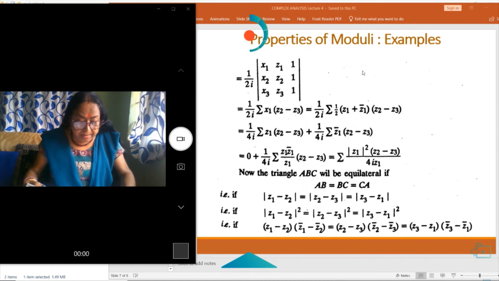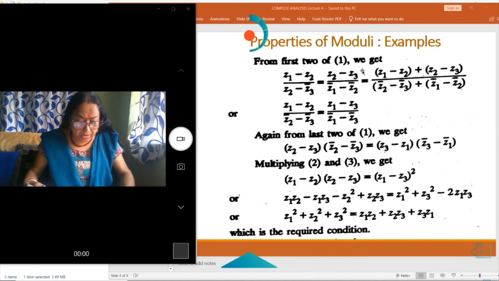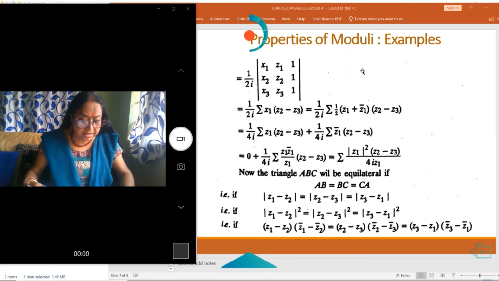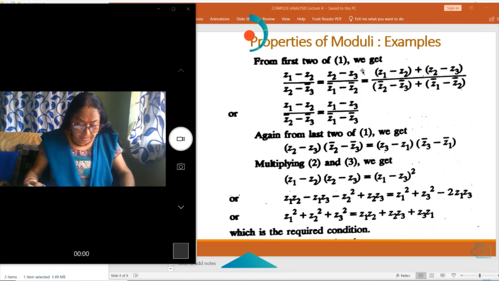So Z1 minus Z2 modulus the whole square can be written as Z1 minus Z2 into Z1 bar minus Z2 bar and so on. So Z1 minus Z2 divided by Z2 bar minus Z3 bar can be written as Z2 minus Z3 divided by Z1 bar minus Z2 bar.